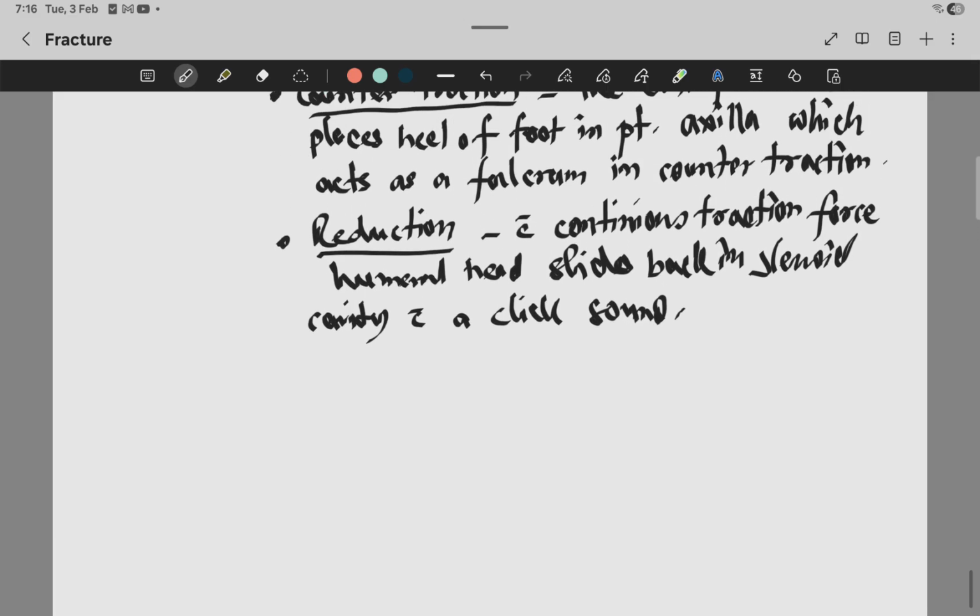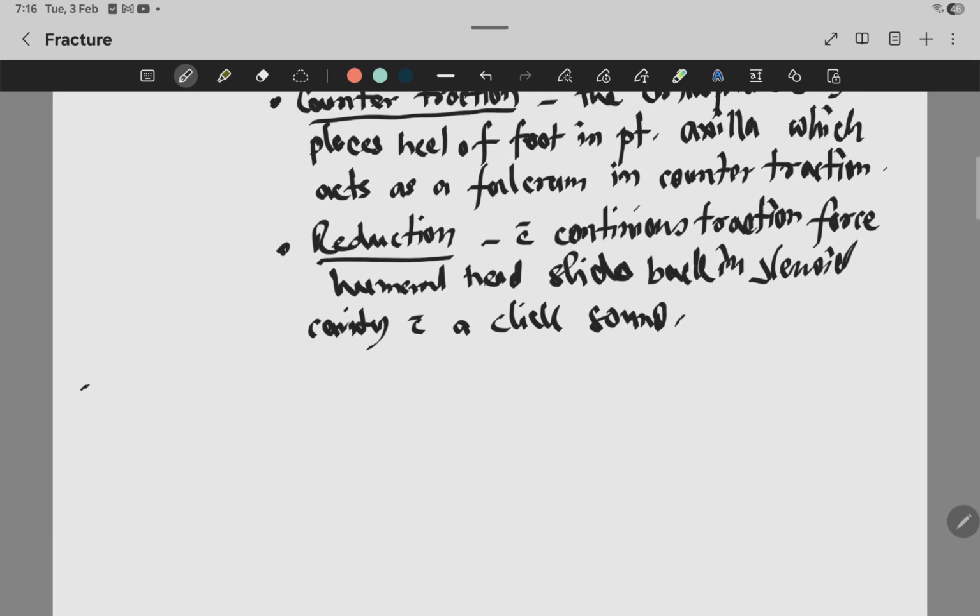And number 3 is the Milch reduction method. The first step is abduction.